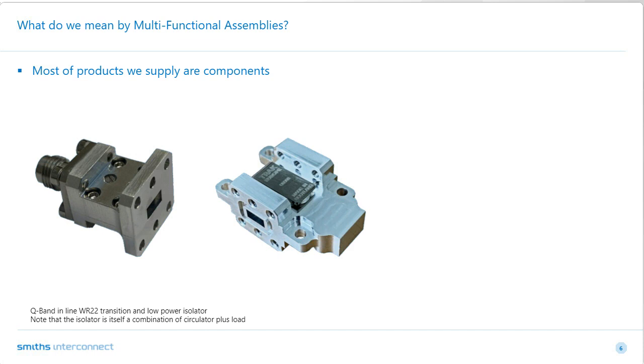So what we offered them was two transitions and an isolator, and we said, well, you can go and make your own coaxial isolator. The problem was that they were short of time, and they were very concerned about the specification. The market, especially, is quite an art form, and at 40 gigahertz, the difference between success and failure can often be a fraction of a micron in terms of alignment.